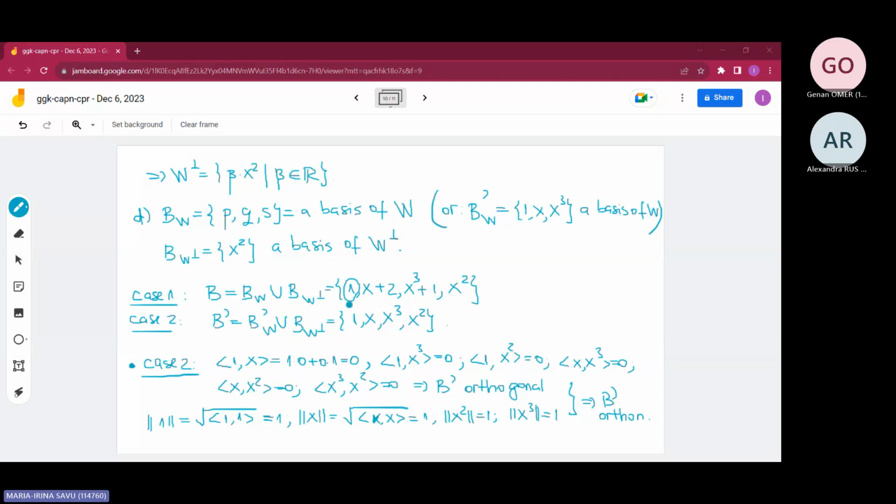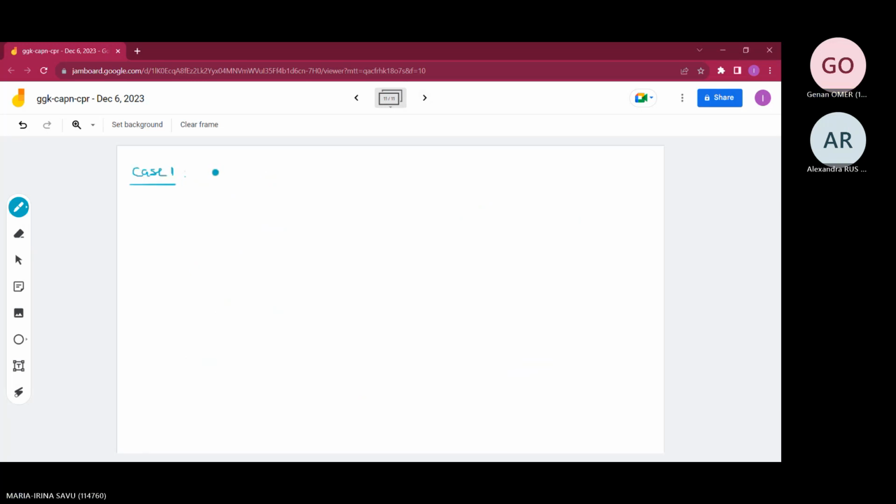The first vector is 1, and then choose another vector which is perpendicular to 1, to be easier for you. So the second vector would be chosen from this set.